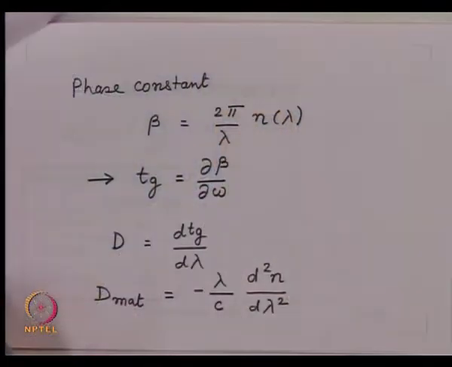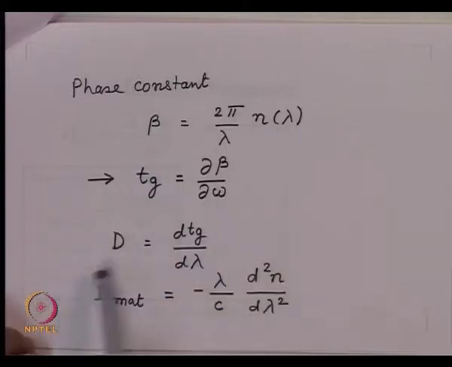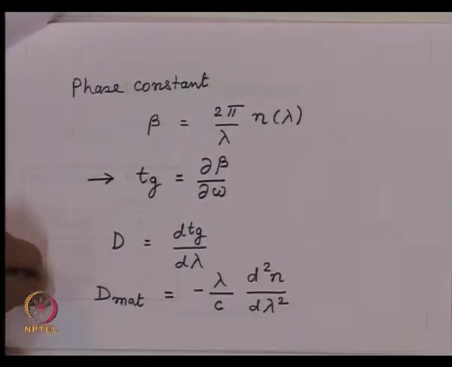So, starting with the phase constant for an unbound medium and saying that now the refractive index of the medium is a function of wavelength, we calculated the value of Tg, and from there we got this quantity called material dispersion, which is given by this. And then we noted here that this quantity is proportional to the second derivative of the refractive index as a function of wavelength.